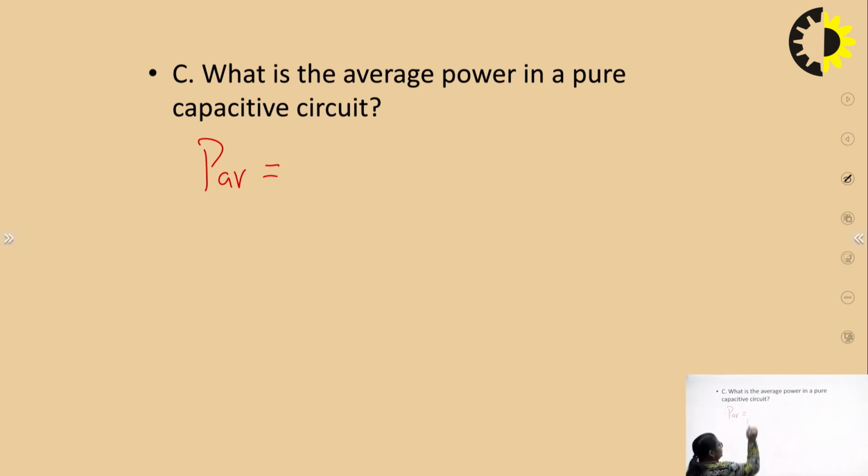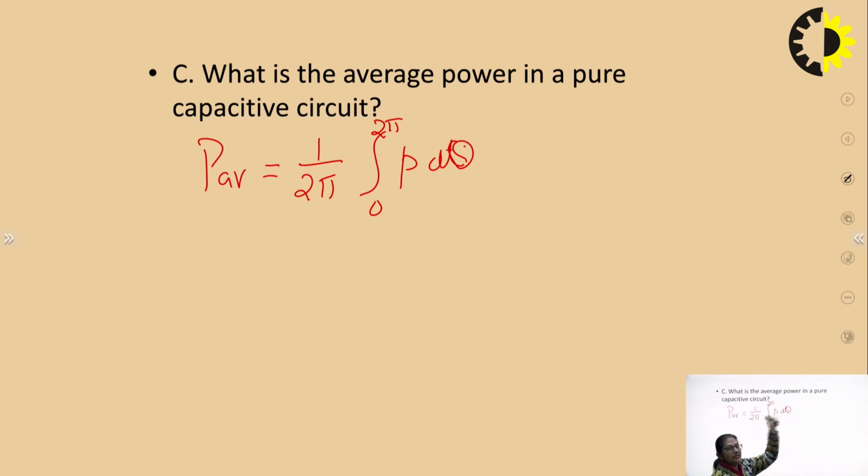Power is the multiplication of voltage and current, and since it is a sinusoidal waveform, a curve, the average value is going to be 1 upon 2 pi integration 0 to 2 pi of p d theta, or omega t. Here p is the instantaneous value of the power.